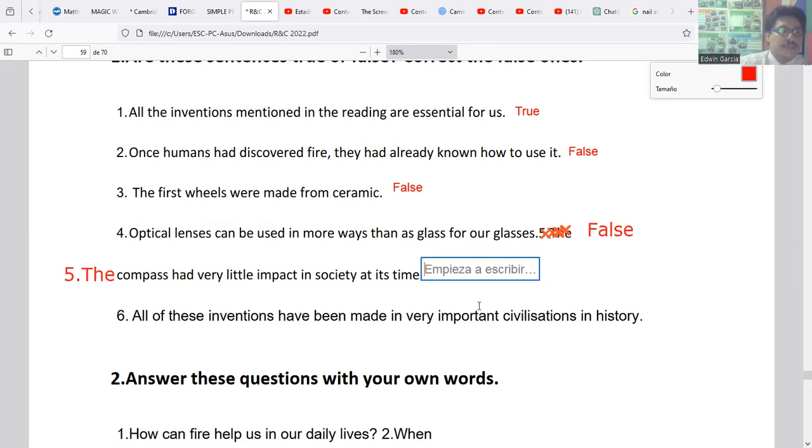Well, I think it's false because it has a great impact. It's false. The compass, el compás o la brújula que le llamamos también, fue un invento muy importante, ¿verdad?